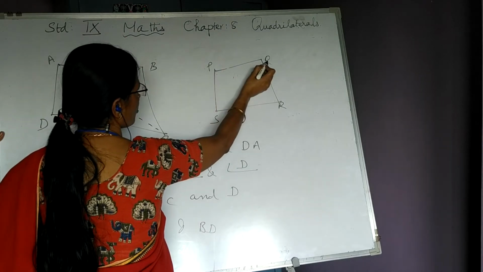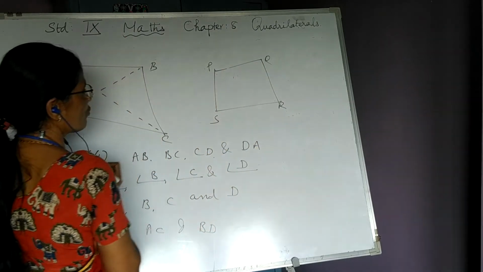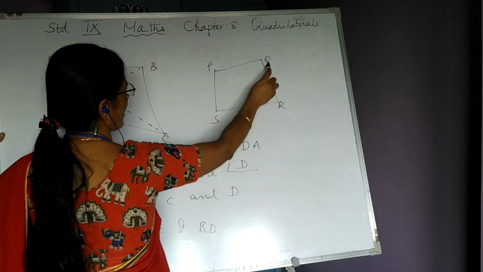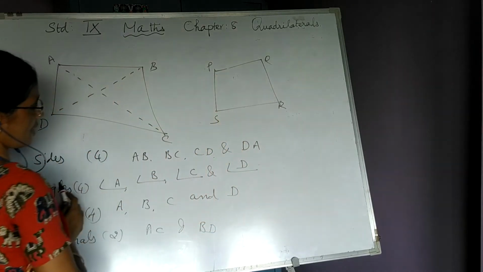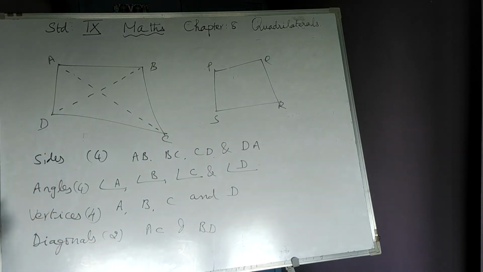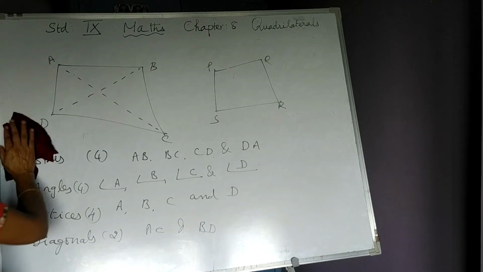P, Q, R and S are the 4 vertices. Which are the diagonals? PR is a diagonal and QS is another diagonal. So these are the 2 diagonals. So a quadrilateral has 4 sides, 4 angles, 4 vertices, and 2 diagonals.